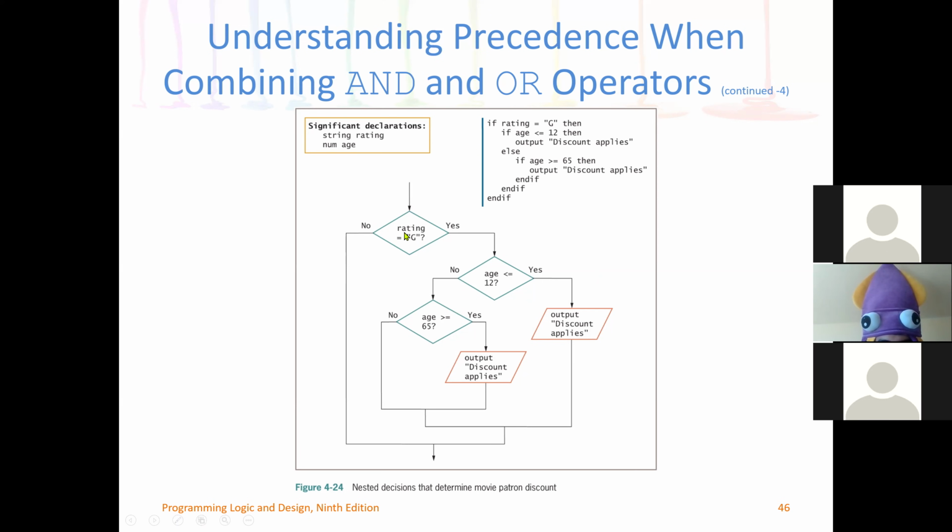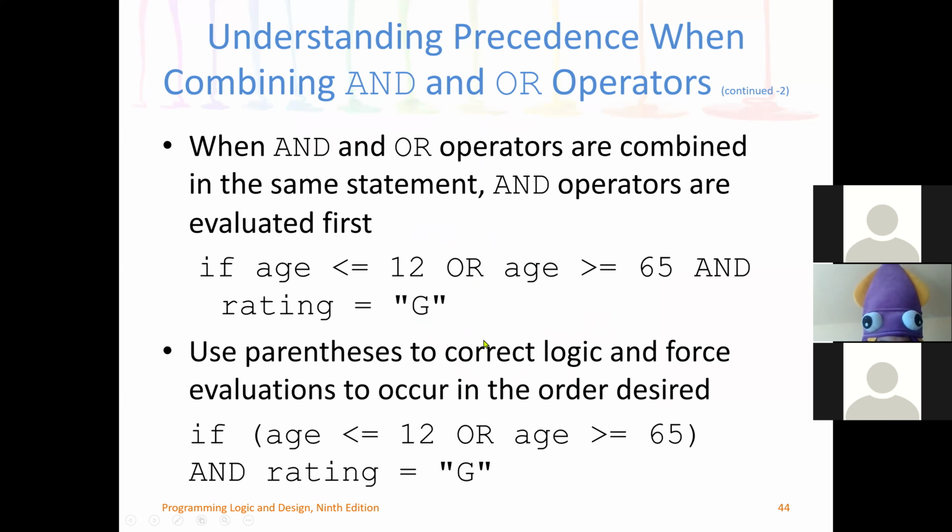Remember, the rating is by itself. First, we need to check the two ages. So that's what we have here. Check the two. So if we go back here, first we check the age, either you are less than or equal to 12 years, or you are greater than or equal to 65.